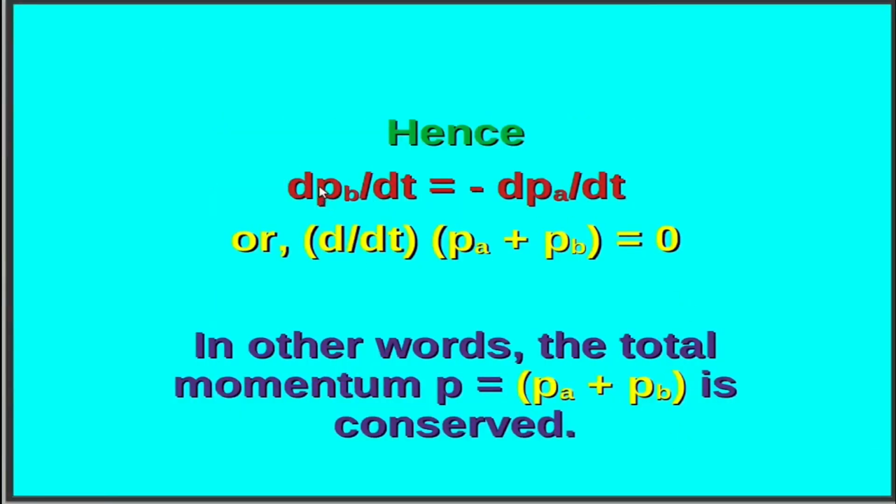Therefore, the rate of change of momentum of B should be equal to minus the rate of change of momentum of the object A. Or in other words, d by dt of (PA plus PB) is equal to 0, and therefore the quantity PA plus PB, namely the sum of the momenta of the two particles, is conserved.